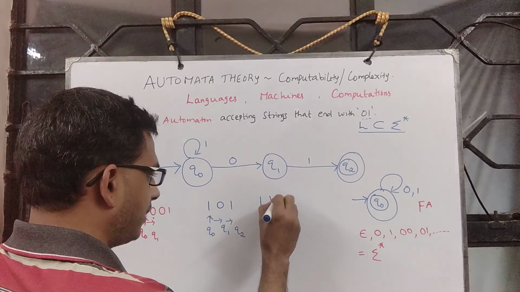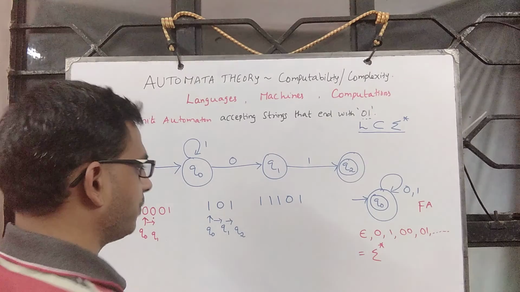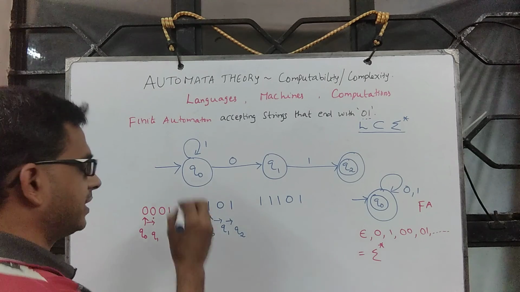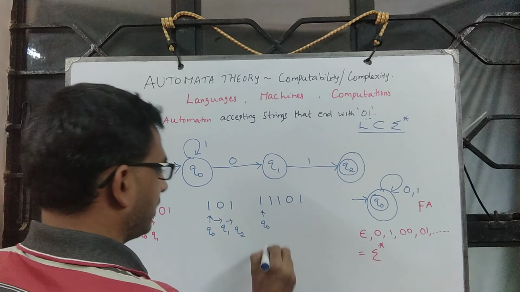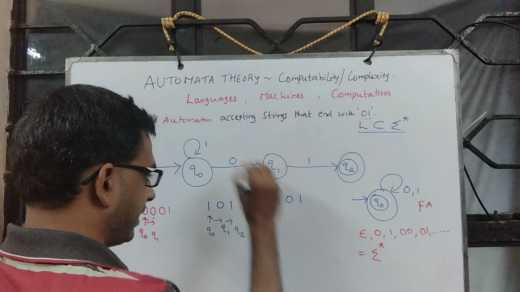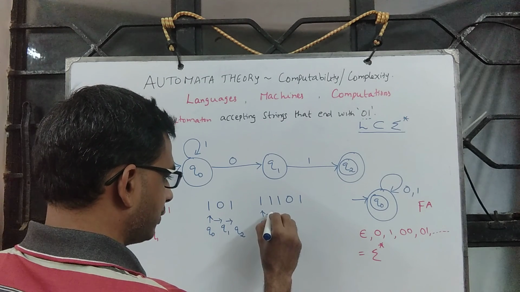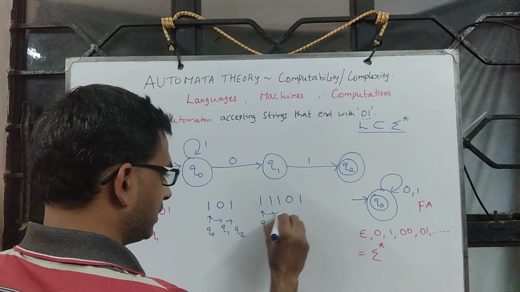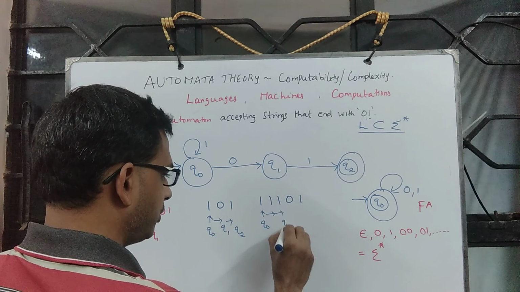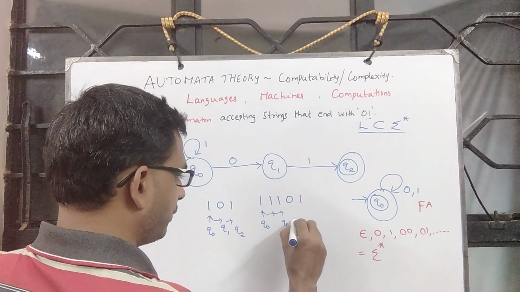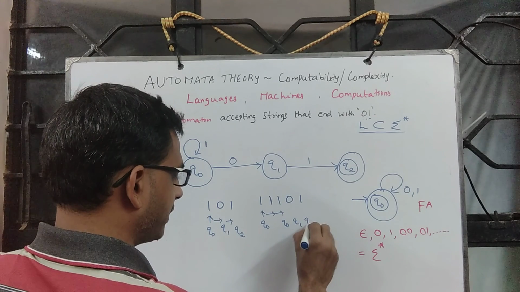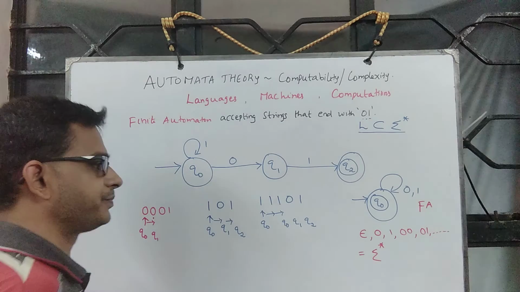Suppose you look at 111 followed by 01. What it says is you read a symbol and stay in the same state. For this also you stay in the same state. For this also you stay in the same state. Up to this you are still in Q0. Then for this 0 you move to Q1. For this 1 you move to Q2.